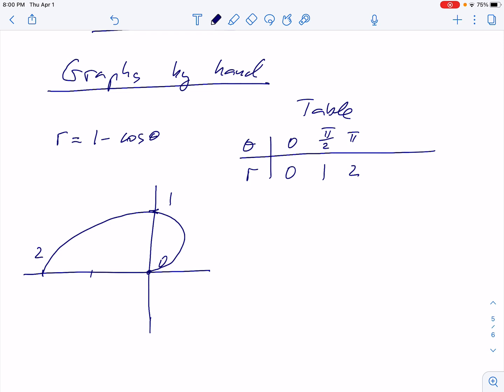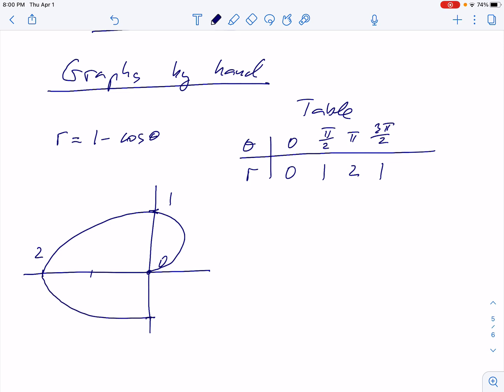Angle is increasing counterclockwise. Radius is increasing from 1 to 2. Next interesting point is when we have 3 pi over 2. Then the cosine is 0, we have 1 again, 1 for the radius, and the angle moves from pi to 3 pi over 2.